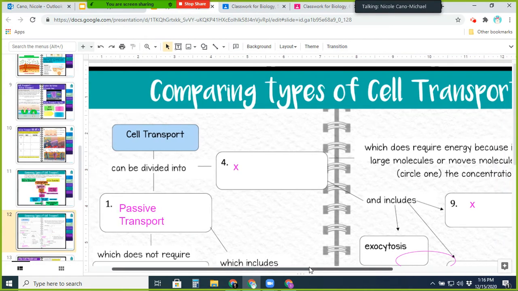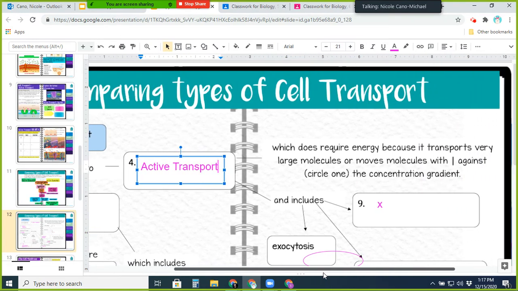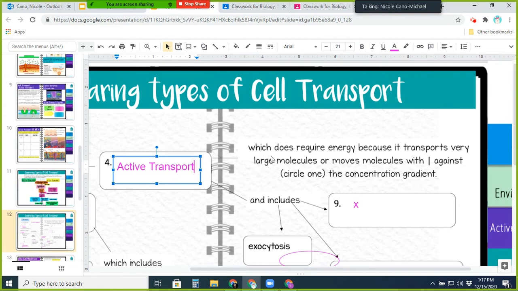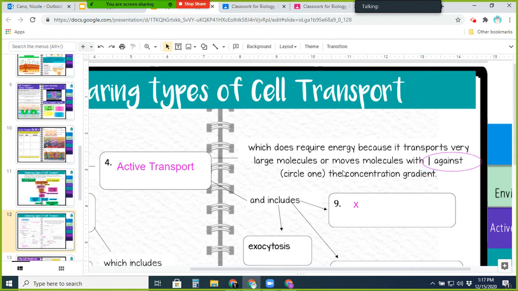All right, the other form of cell transport is what we call active transport. Now, active transport, the definition is right over here. It does require energy because it transports very large molecules, or it moves molecules against the concentration gradient, okay?